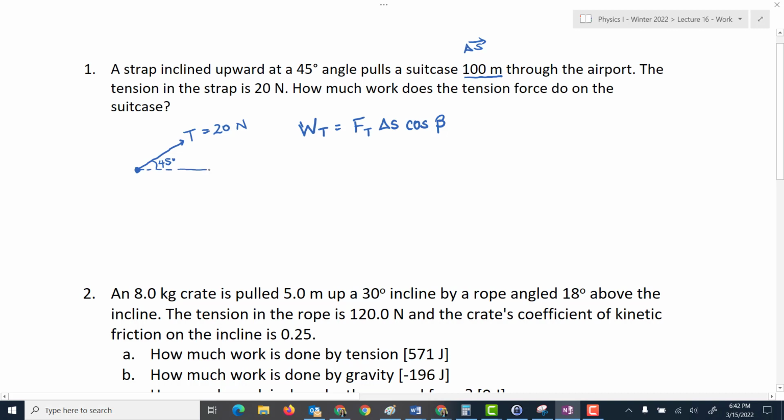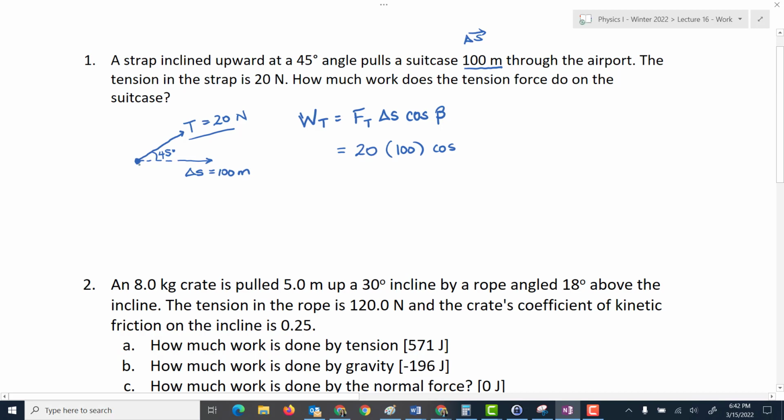My displacement is going this way. So this is my delta S. Okay, so when I'm looking for my work done by tension, it would equal my force of tension, which is this, 20 newtons, times my displacement. So my displacement was 100 meters. So times 100, cos of the angle between my displacement and my force. So that would be 45 degrees.